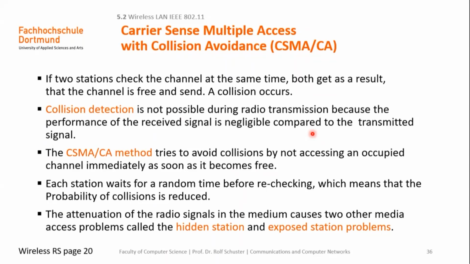Collision detection is not possible during radio transmission because the power of the received signal is negligible compared to the transmitted signal. Remember, we already talked about the attenuation, that is the free space path attenuation or loss.